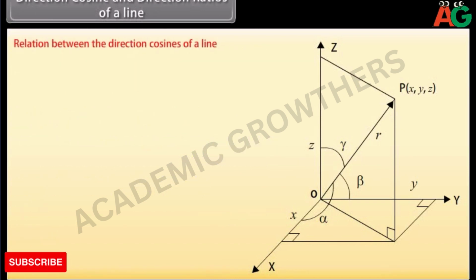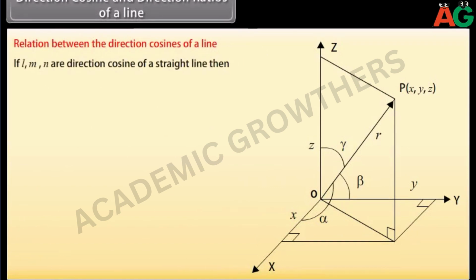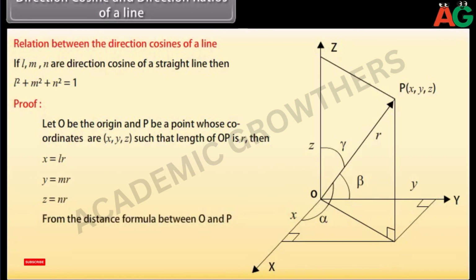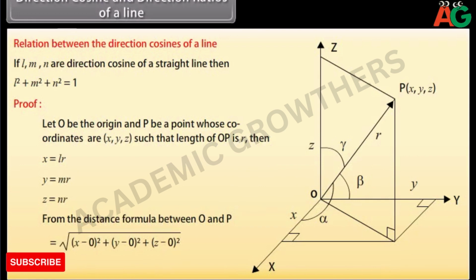Relation between the direction cosines of a line. If l, m, n are direction cosines of a straight line, then l square plus m square plus n square equals 1. Proof. Let O be the origin and P be a point whose coordinates are x, y, z such that length of OP is r, then x equals lr, y equals mr, z equals nr. From the distance formula, the distance between O and P equals square root of (x minus 0) square plus (y minus 0) square plus (z minus 0) square.